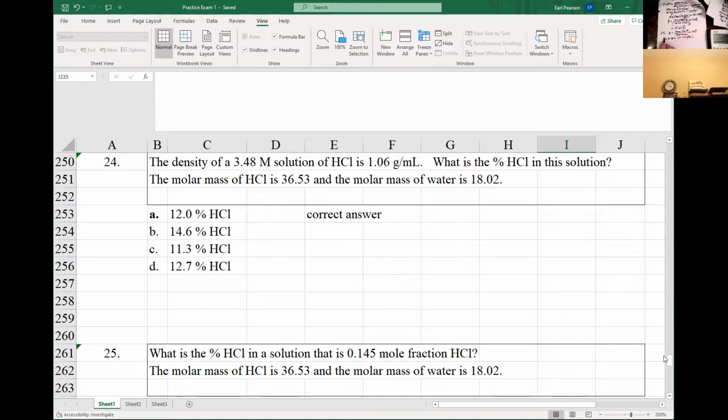Okay. Now, this is number of moles divided by number of liters. Let's stop the share so you can see the screen, paper a little better. So if I had 1 liter, that would be 1,000 milliliters.